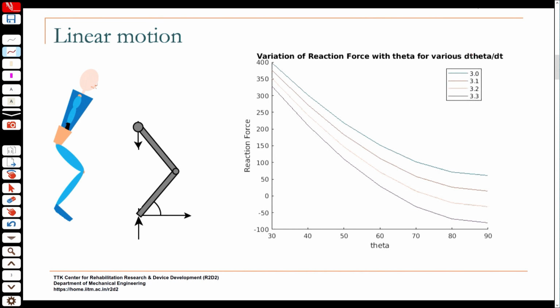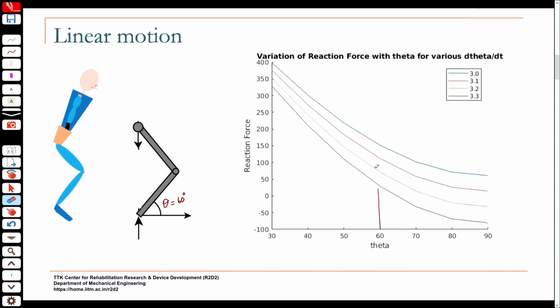Because I want the reaction force to be 0 for me to be able to take off. So, you can see here, for instance, at 60 degrees, if my inclination is 60 degrees, actually with this I am not even able to take off for this particular condition.